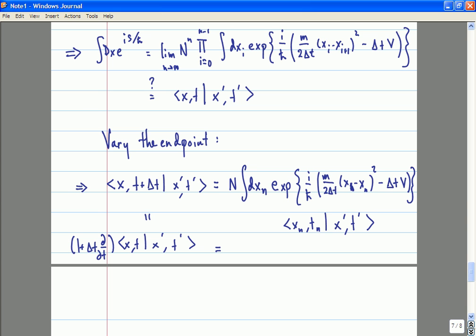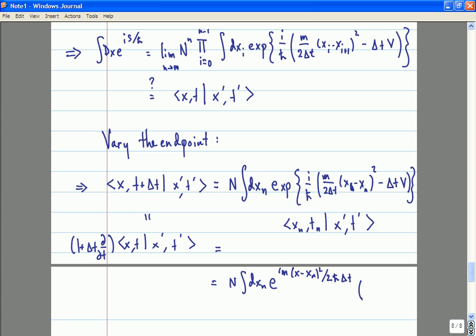So this will be N times the integral dx_n of e to the i m (x minus x_n) squared over 2 h bar delta t, times, let's expand that e to the i over h bar delta t V to first order in delta t.